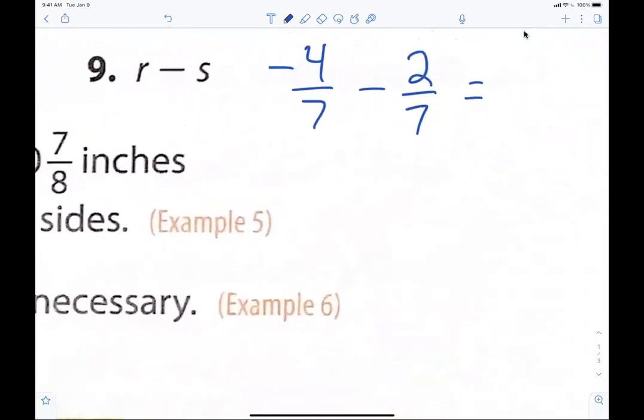What does that say? Nope. -4 minus 2. You owe 4, and now you owe me 2 more. How much do you owe me? There you go. Think in terms of money.